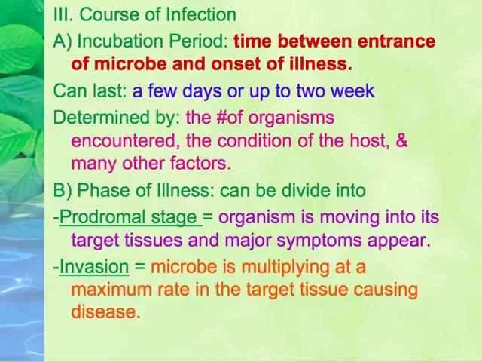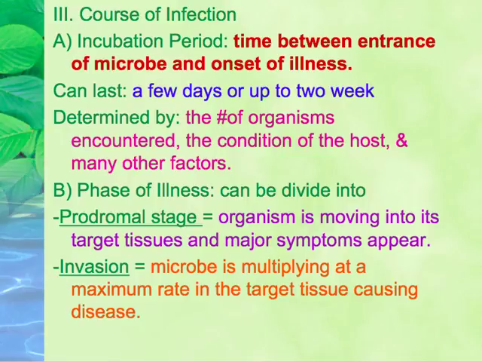And it is determined by the number of organisms encountered, the condition of the host, and many other factors. For example, if there is a high infectious dose number, the incubation period might be shorter. If the person has an immune system that's suppressed, or they're stressed out, or they're not eating right, or getting enough sleep, incubation might be shorter, okay?